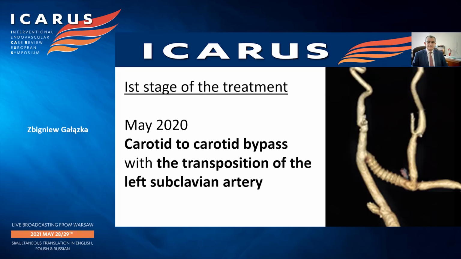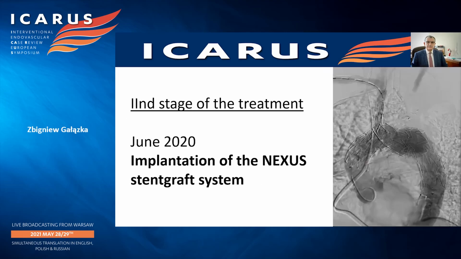The first stage was a carotid-to-carotid bypass from the right to the left common carotid artery with transposition of the left subclavian artery. The second stage of the treatment was the implantation of the Nexus, the new stent graft in the aortic arch.